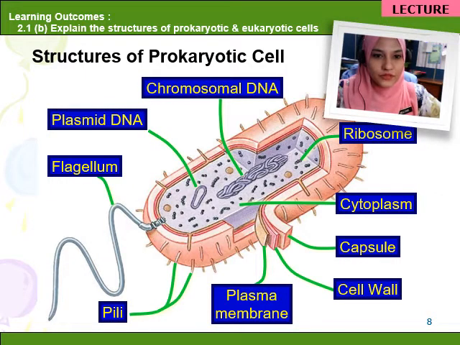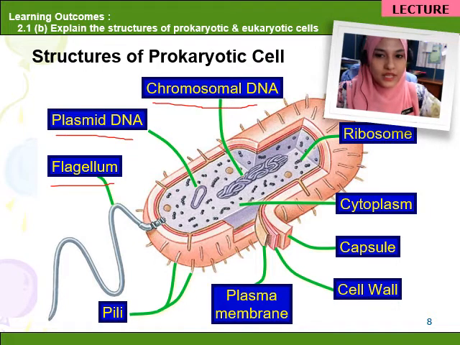This diagram shows the structure of prokaryotic cells. Basically, a prokaryotic cell consists of a flagellum, plasmid DNA, chromosomal DNA, ribosomes, cytoplasm, capsule, cell wall, and plasma membrane, and not forgetting pili.